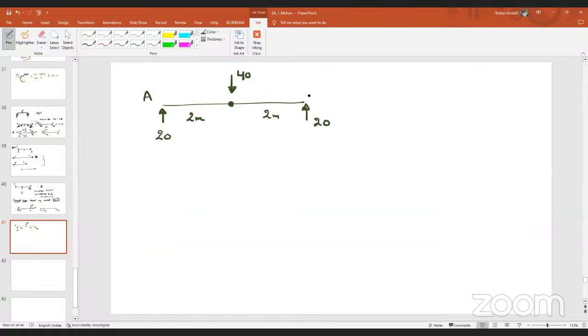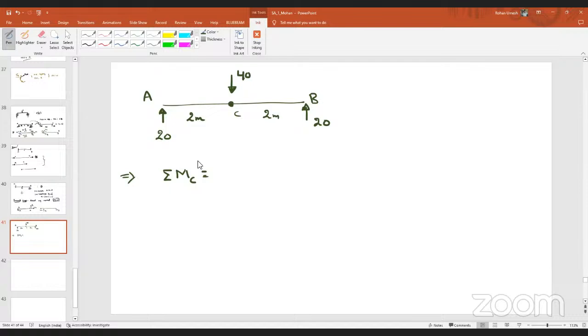A, B, C. Now what I want to discuss with you is, tell me the equation for summation of moments at point C. Don't tell me the answer, tell me the equation, like 20 into 2, 40 into 2.